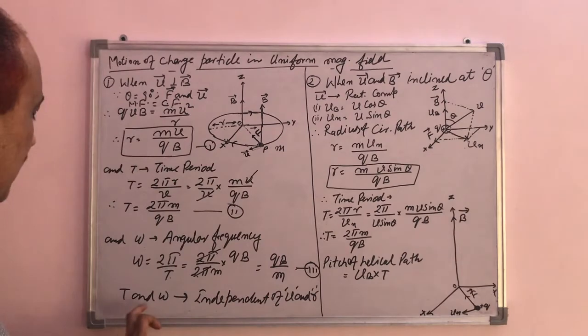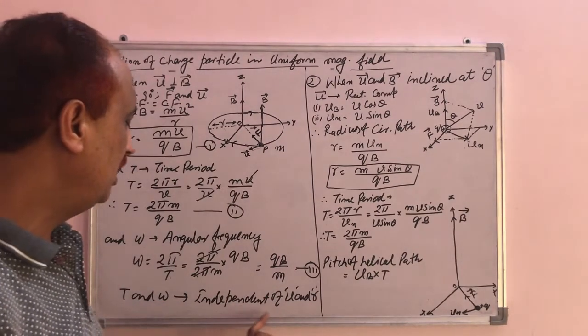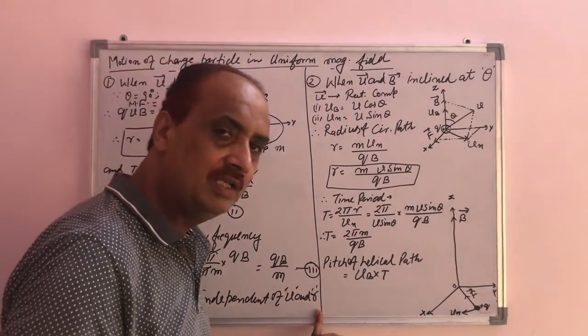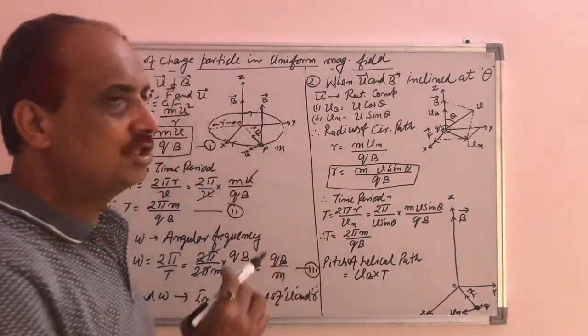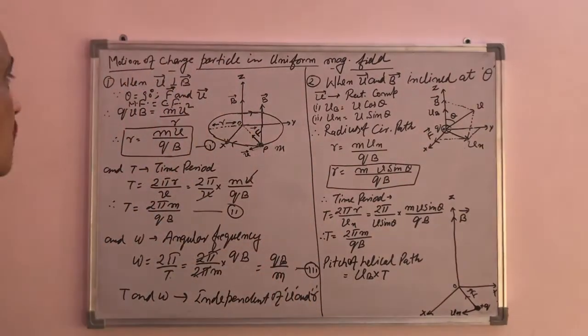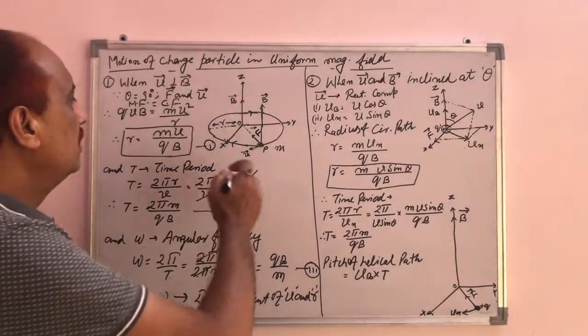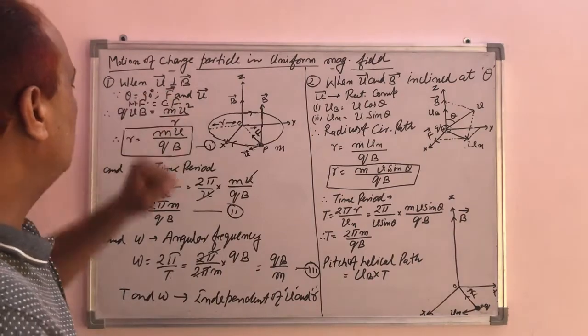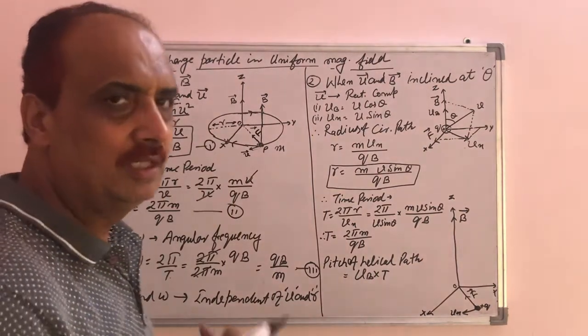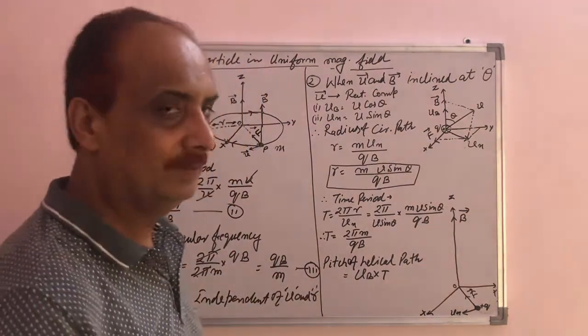So the time period and angular frequency are independent of the velocity and the radius of the circle acquired by the charged particle moving in a uniform magnetic field, but the condition is that the velocity should be perpendicular to the magnetic field. So this is case number 1.